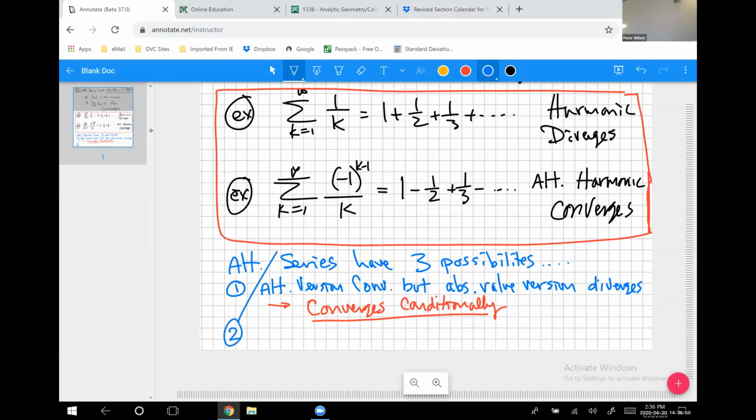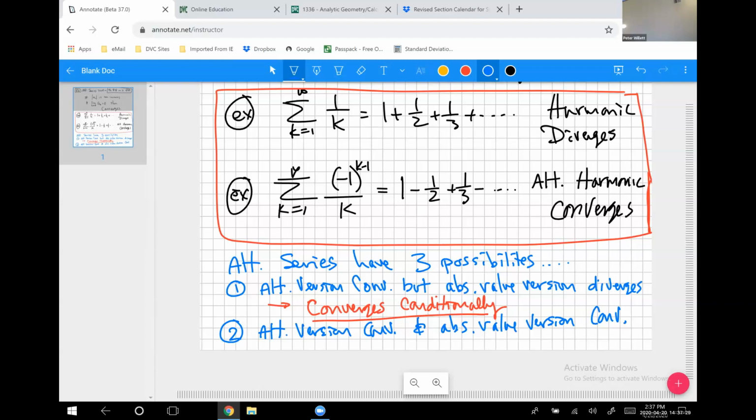Option 2 is that the alternating version converges and the absolute value, meaning all positive terms version, also converges. So what that means is, unlike the harmonic series, you didn't need to make the terms alternate in order to get convergence, because when they were all positive, they converged anyway.